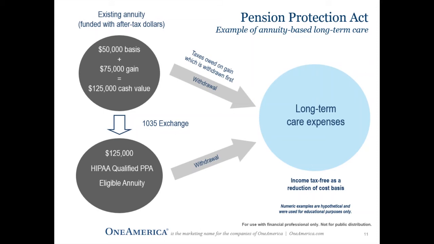And every single distribution coming out for long-term care is completely income tax-free, regardless of cost basis. So here's the big idea. Let me simplify this slide for you. We can take tax-deferred annuities and make them tax-free annuities. Here's an even more succinct way of saying that. Tax-deferred to tax-free for LTC.